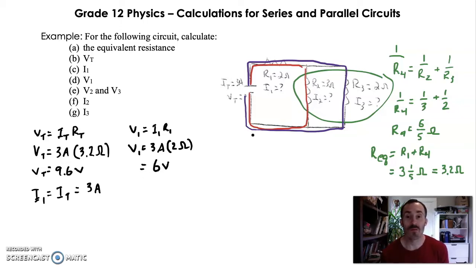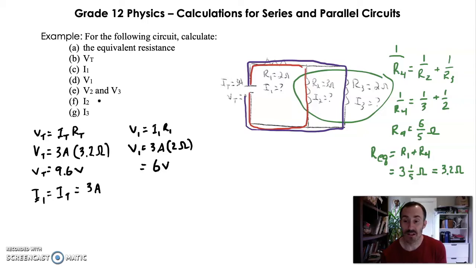When we talked about the voltage in parallel branches, we said that in each path, all the voltage has to drop, right? Now R1 is in both paths, and so part of the voltage is going to drop across this resistor, and if we're looking at the red path, the rest of the voltage has to drop across this resistor. So if 6 volts dropped here, that means 3.6 has to drop here, because in the red path, all of the voltage has to drop.